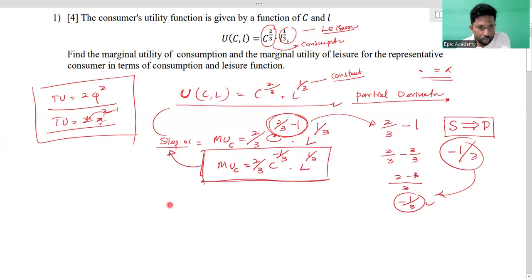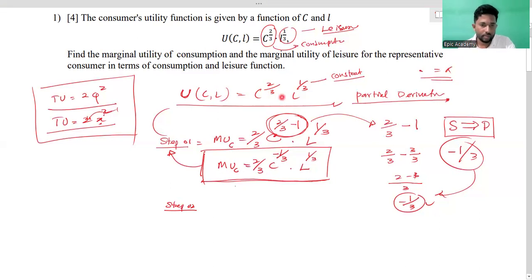It is step 2. Step 2 means now you are going to identify the marginal utility of leisure. In here, I will change the color. This C becomes constant. L is the part that changes in here.